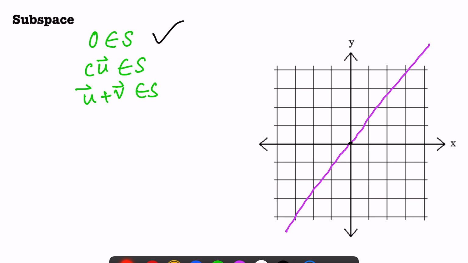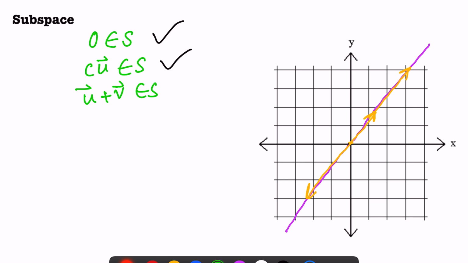Let's take any vector on this line and scale it. If we scale it in the positive or negative direction, the resultant vector also falls on this line only. So this is closed under scalar multiplication.